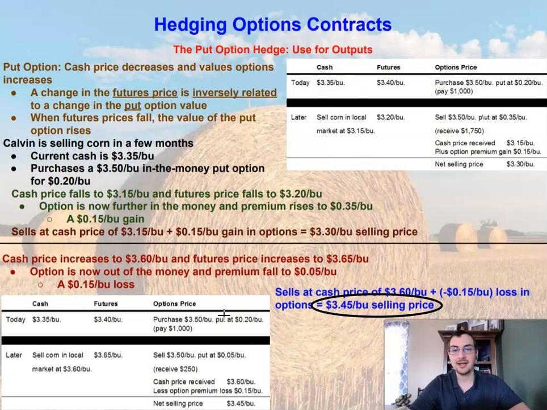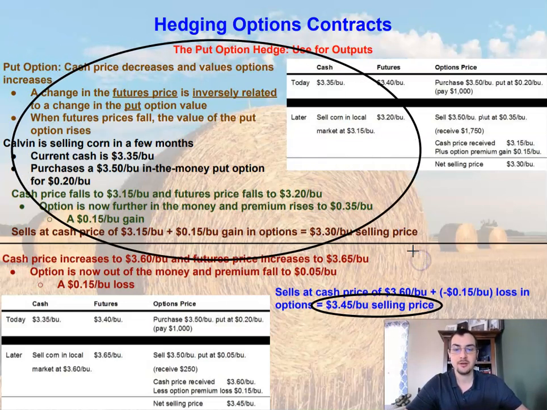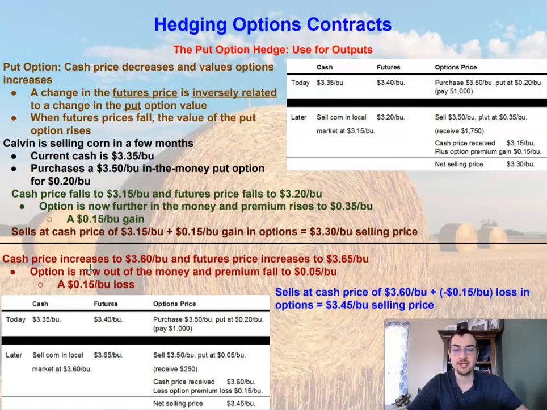So essentially, that's how it's going to be working with an options contract. We're buying and selling those options contracts. And if we make money in the options contract, like we did in this example up here, then we're going to add that to our selling price. But if we lose money in the options contract, we're going to add that loss to our selling price, and because it's a loss, it's actually going to deduct from our selling price.